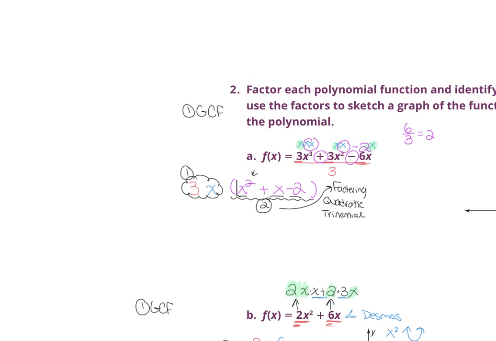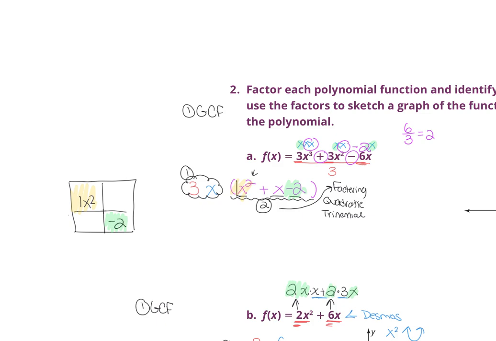So to factor my quadratic trinomial, I'm going to draw a box. The first one always goes in the first box, and the last one goes in the last box. So my 1x squared goes here, my negative 2 goes there.